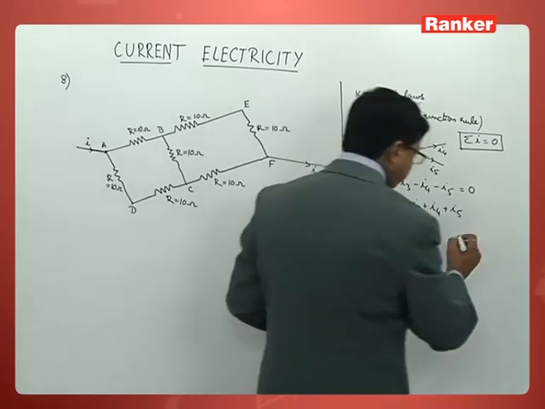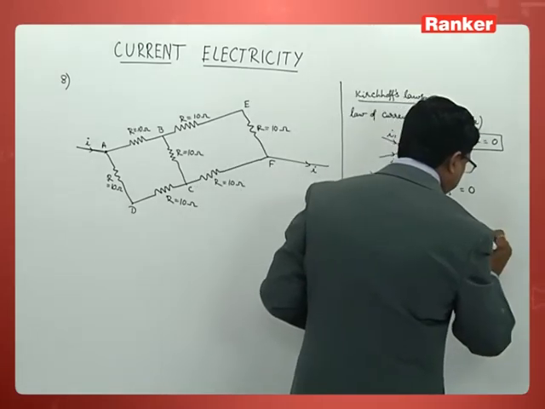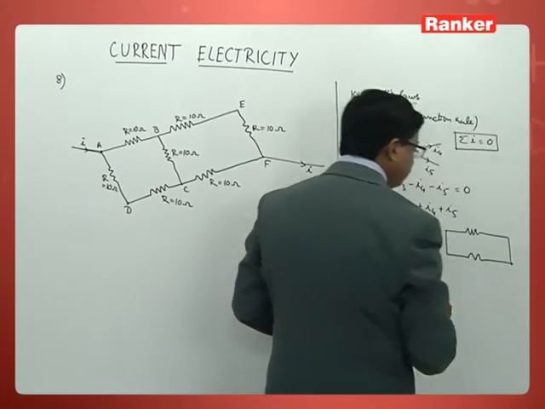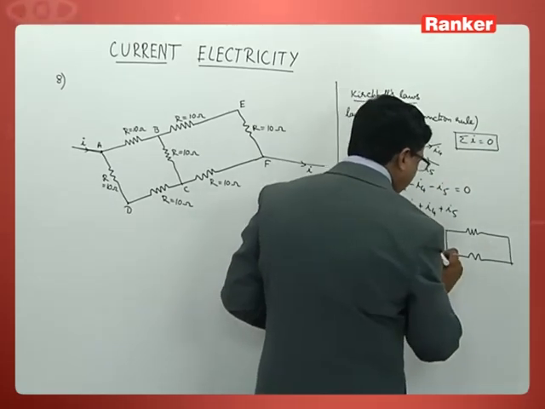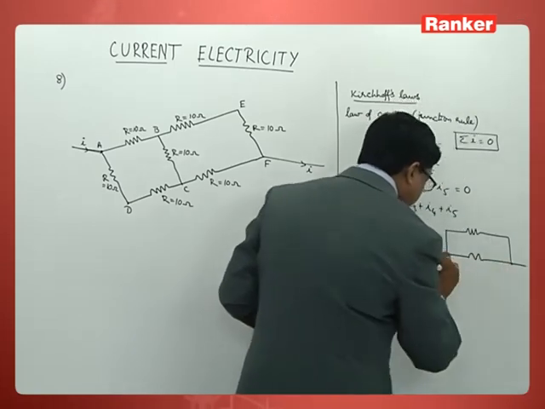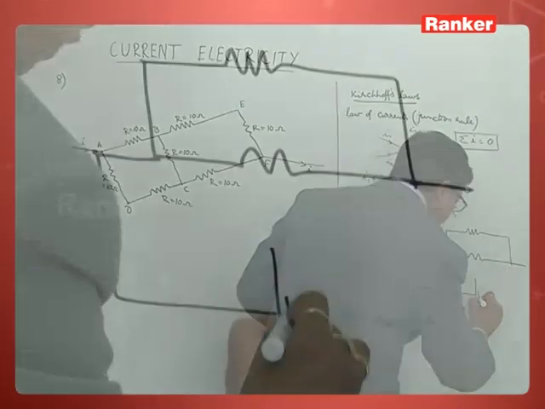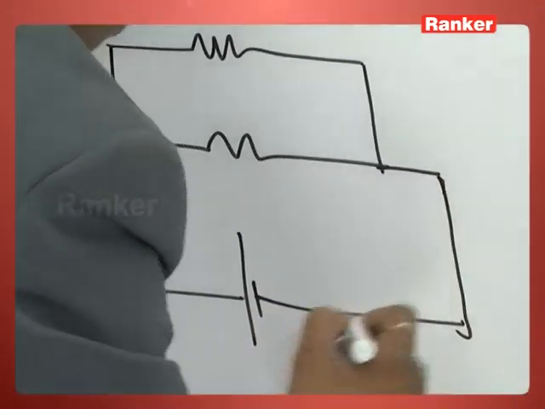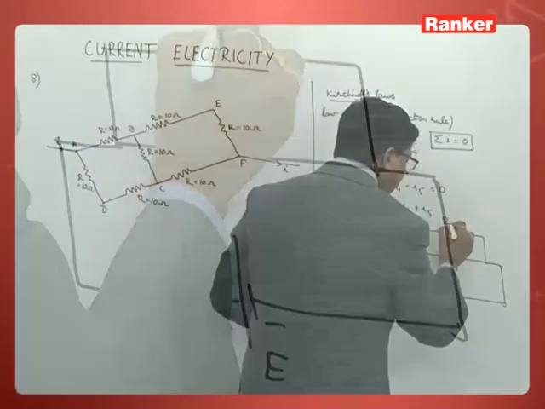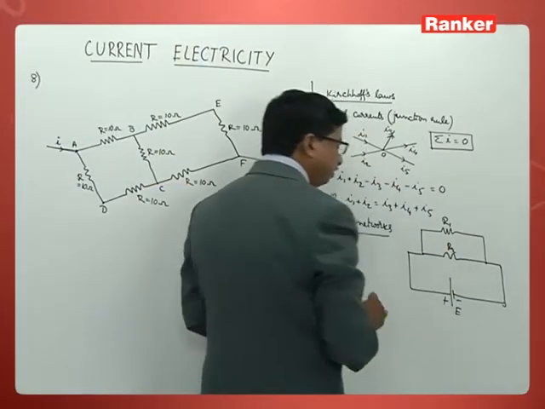Suppose I take a small circuit like this, two resistances connected across a cell like this. This is the cell. This is negative, this is positive, EMF is E, R1 and R2 are the resistances.